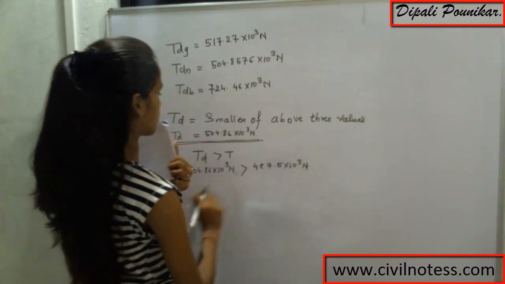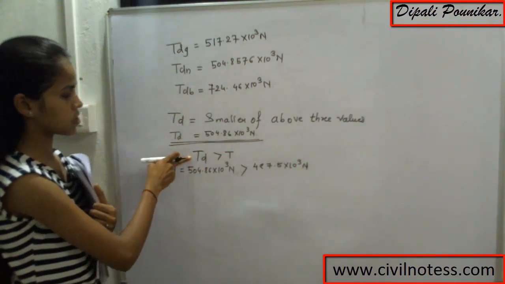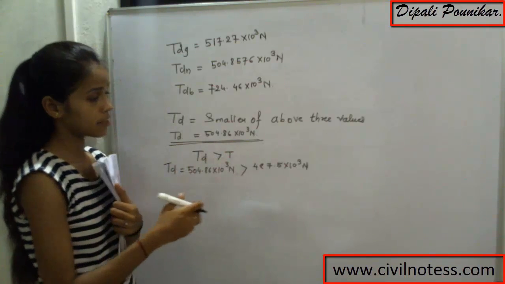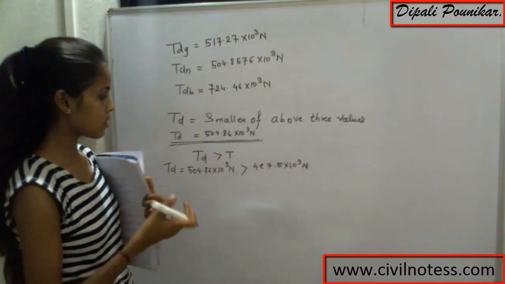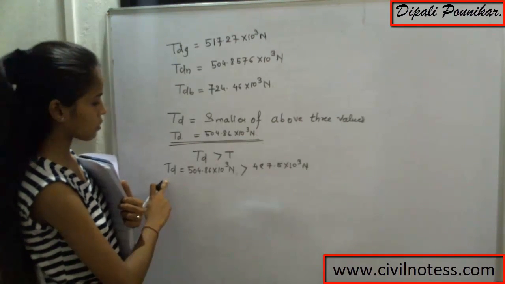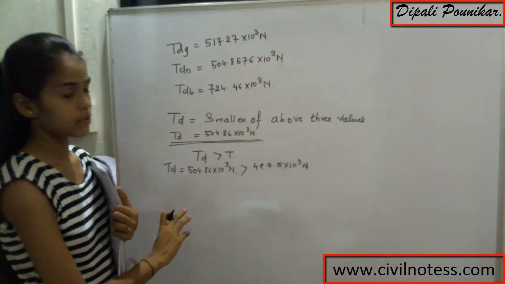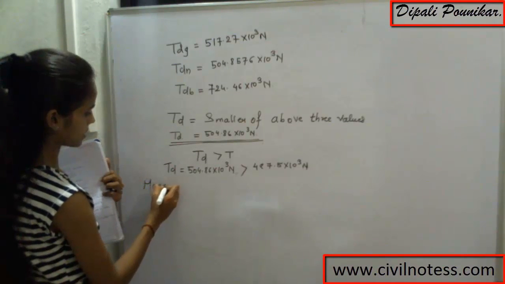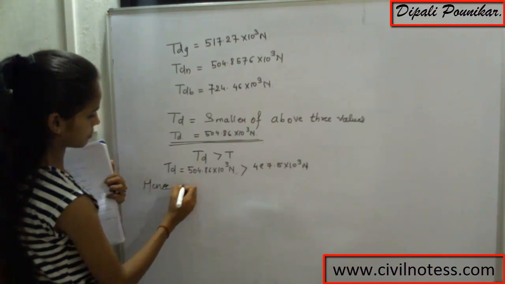After satisfying this condition, that is TD is greater than T, then and only then we can say that our calculation is right. Hence, the selected section is safe.